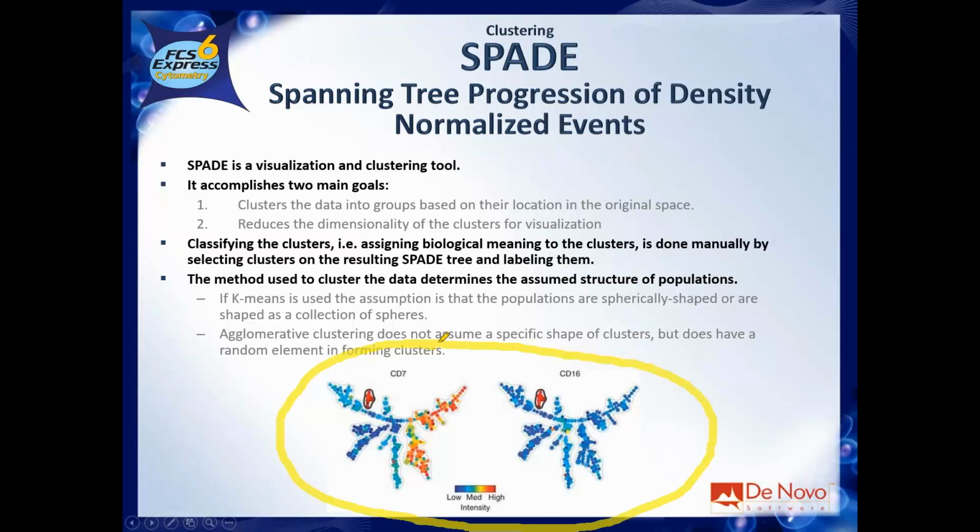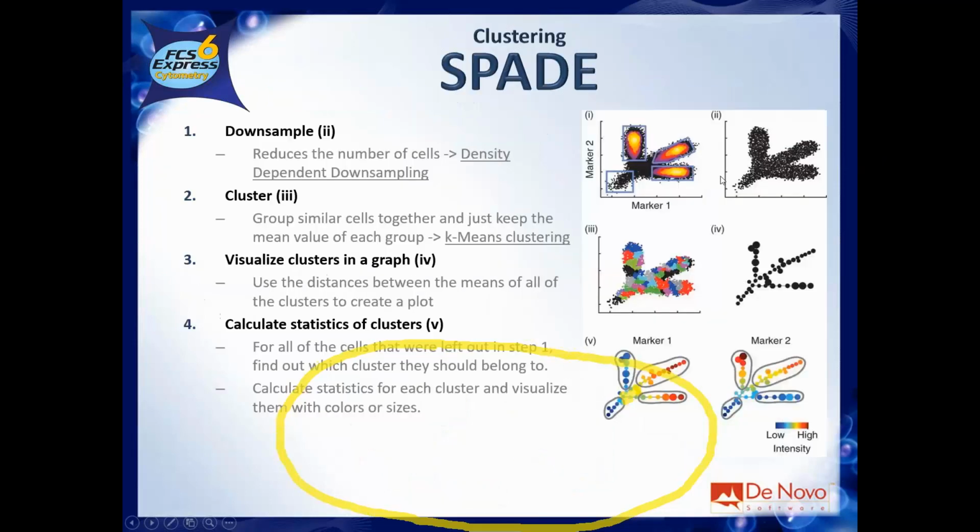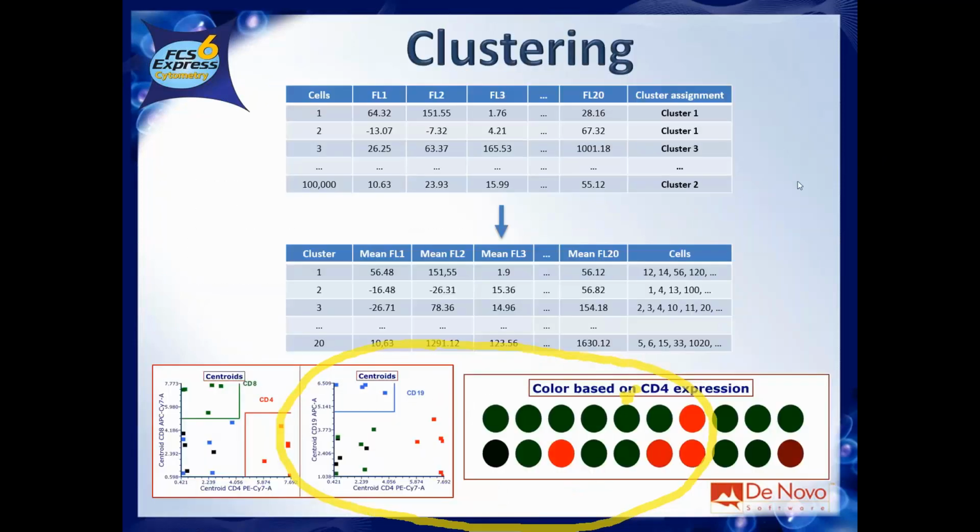And you see each cluster is represented as a circle, as a node. But you also see that, as compared to what I showed you before, those graphical representations of clusters are not just aligned into a plate.